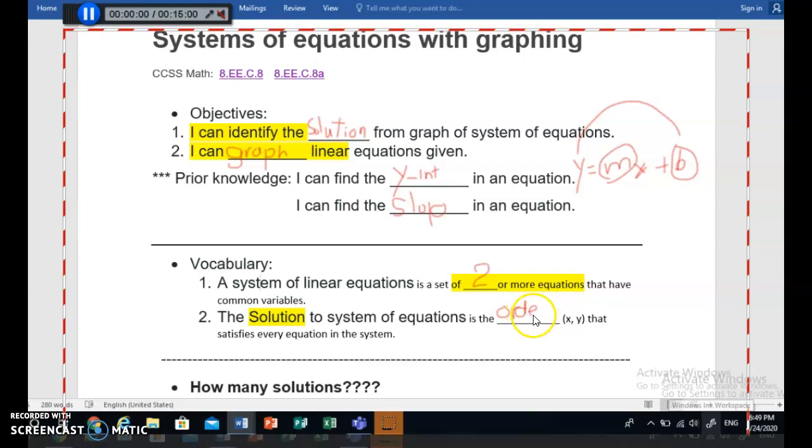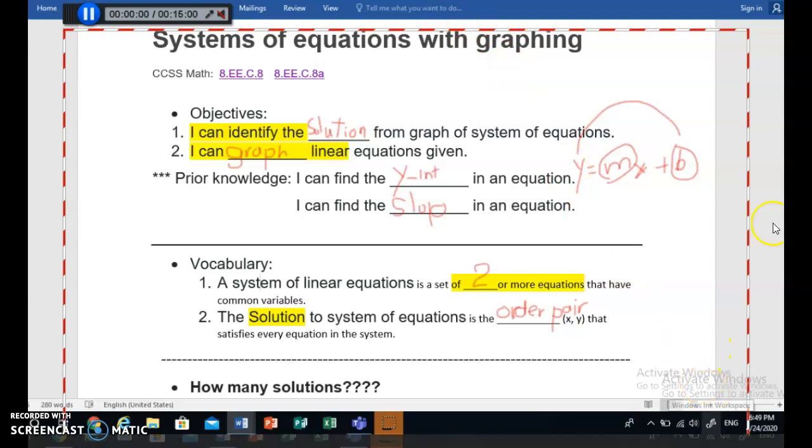It's called an ordered pair. Don't forget, it's a pair, just like boyfriend and girlfriend, husband and wife, grandma, grandpa, uncle and aunt. So it's an ordered pair, x and y, that satisfies every equation in the system.